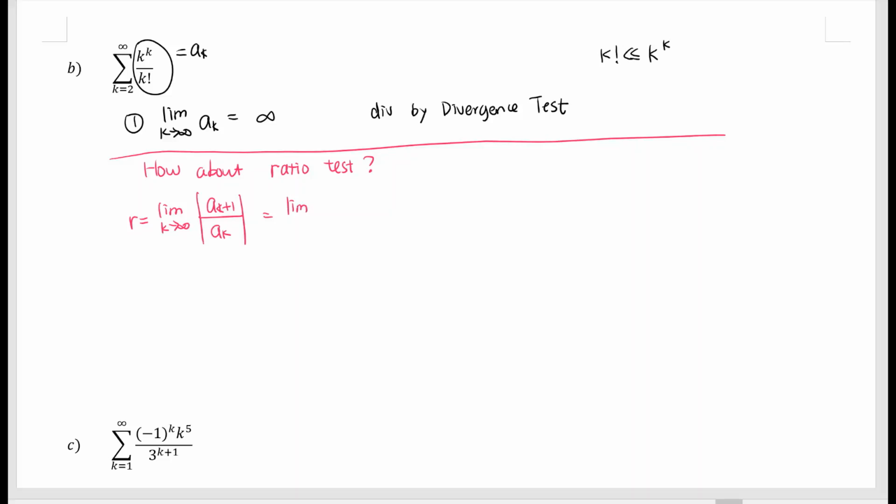But because in our example, the terms are already positive, what is a sub k plus 1? We replace k by k plus 1. So it's k plus 1 to the k plus 1. Here we have k plus 1 factorial. The bottom we have a sub k, so that's k to the k over k factorial.